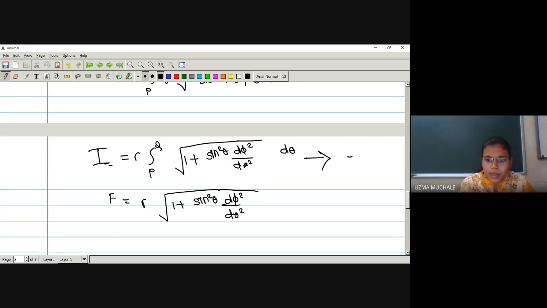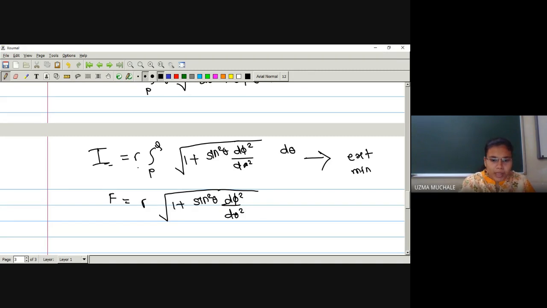For this I to be extremum, now in this case we have to find out the minimum, right? We have to find out, sorry, a geodesic is nothing but the shortest distance between 2 points. So here in the case of a sphere, the geodesic on the surface of a sphere is an arc of a great circle. Okay, so we have to find out the minimum, the shortest distance between the 2 points.